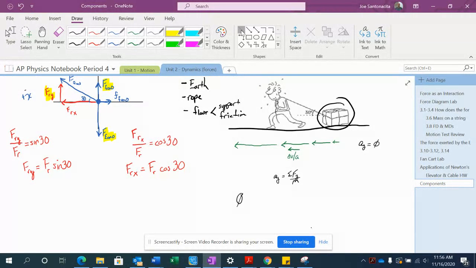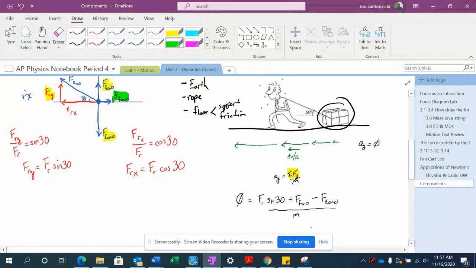So on the y-axis, we have three forces, which means three forces will go into the net force part of the equation. So we have the force of the rope times sine of 30 plus the force of the floor minus the force of the earth on the object, all divided by the mass is equal to 0.